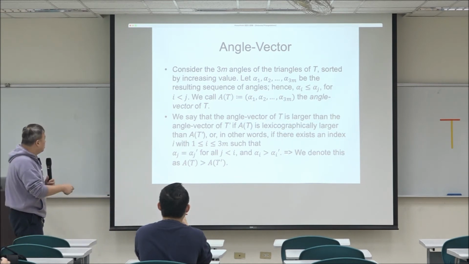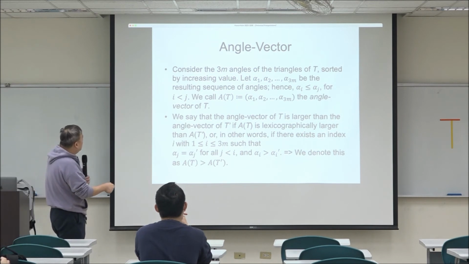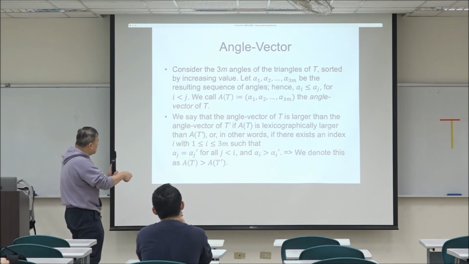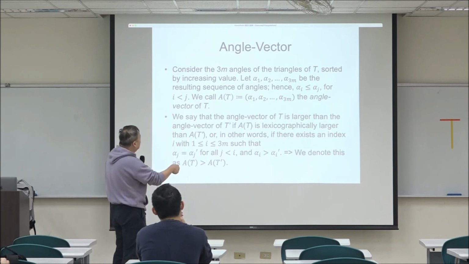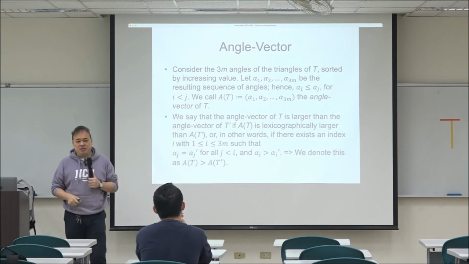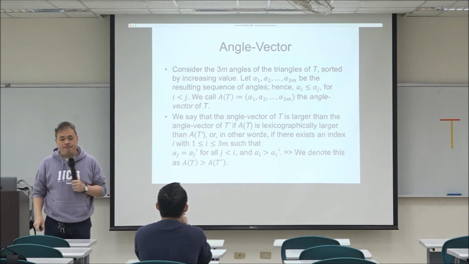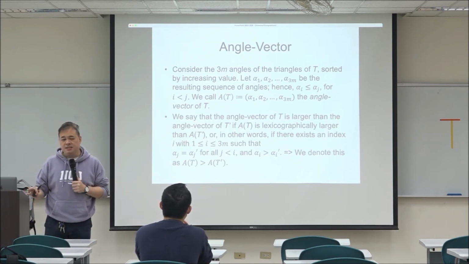We call this sequence, alpha 1 to alpha 3m, AT, the angle vector of the triangulation T. So far so good, right?